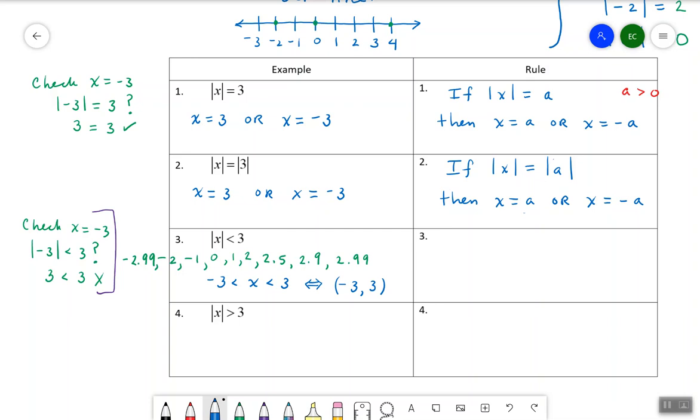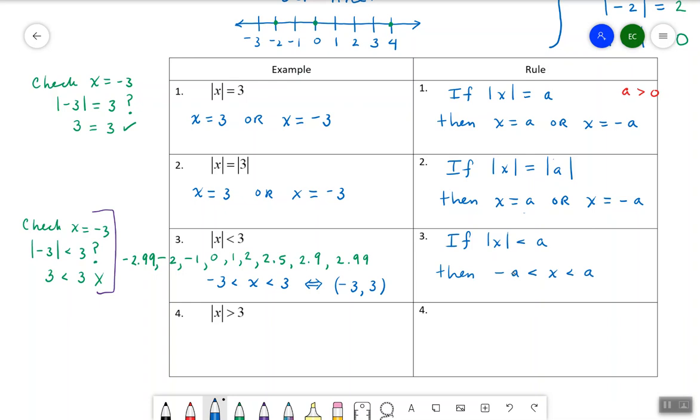Okay, so with that, let's go ahead and write the rule. Let's say if the absolute value of x is less than a, then negative a is less than x is less than a.